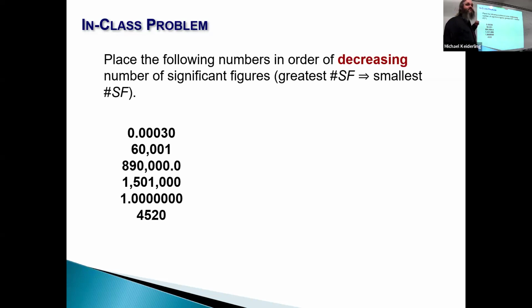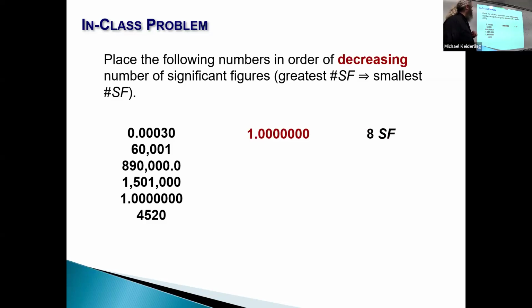Anyone else have any? So everyone. So this has 5 significant figures. This down here, notice there is a decimal point, so all these trailing zeros count, has 1, 2, 3, 4, 5, 6, 7, 8 significant figures. So this has the most. Next is this with 1, 2, 3, 4, 5, 6, 7 significant figures. So this has 8 significant figures.